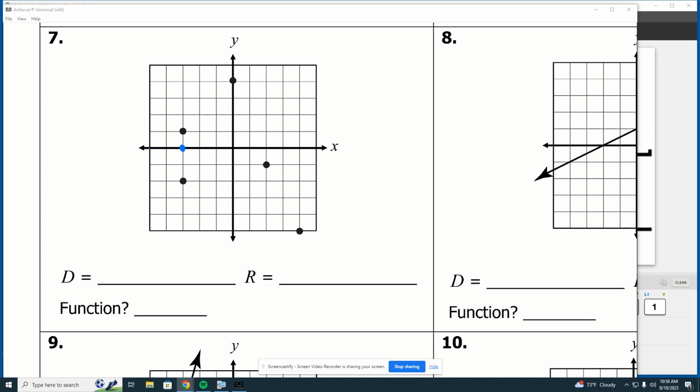Yeah. So what's that x value? What's that part of your domain? -3. And I like to go left to right because what will it automatically do for me? It'll put them in order for me. So the next point I see is right there, above that x value. What's that x value? 0.